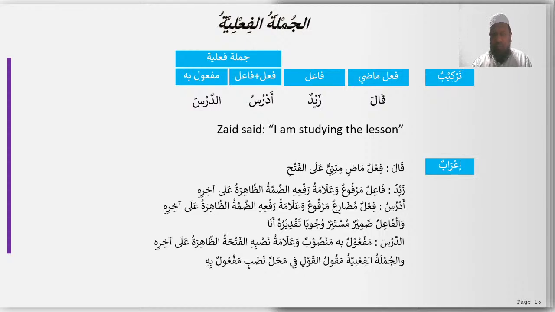Okay, so after the فعل قال, most of the time it will be a جملة. So if we see a جملة we say it is مقول القول في محل نصب مفعول به.